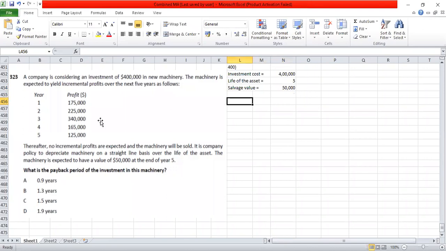Then after that, there are profits given from year 1 to year 5. What is profit? Profit is equal to the sales revenue generated minus total cost.